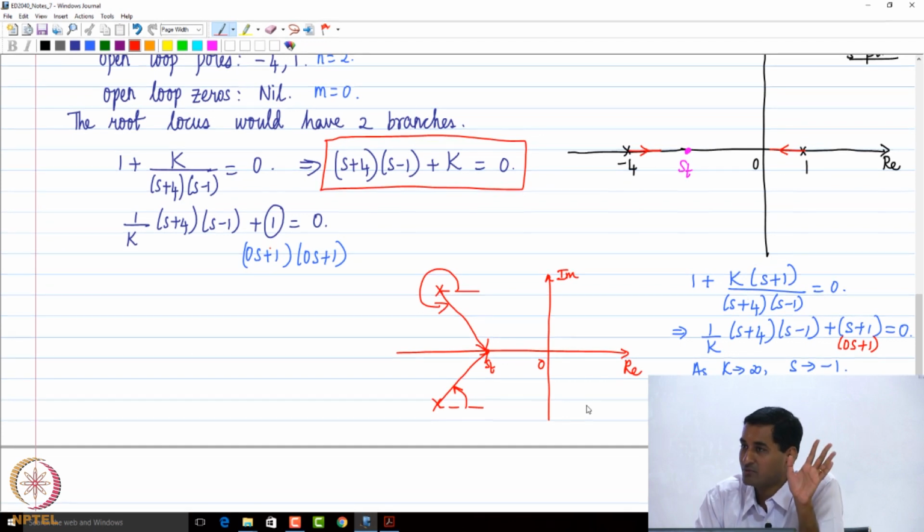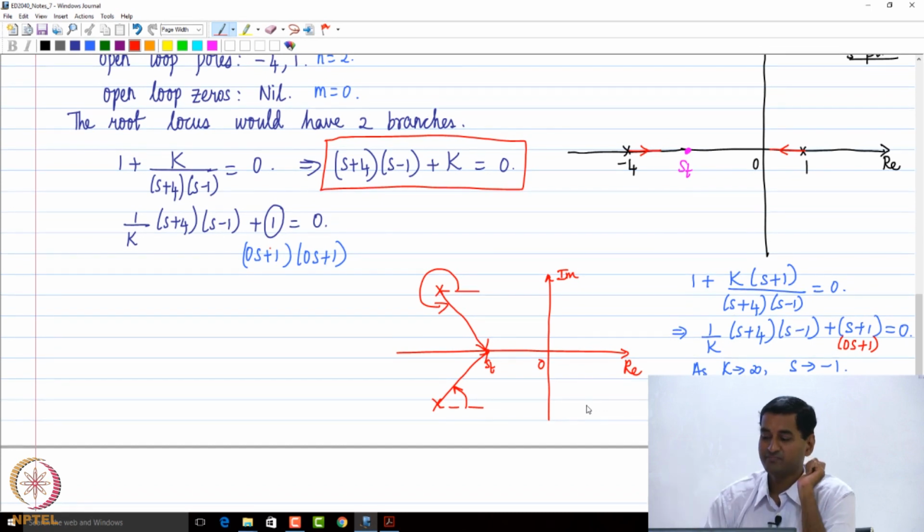So, depending on how you count, right. But certainly you see that it is not going to matter as far as locating points on the real axis is concerned, okay. That is why we are only going to consider real open loop poles and real open loop zeros, okay, for step 2, okay.